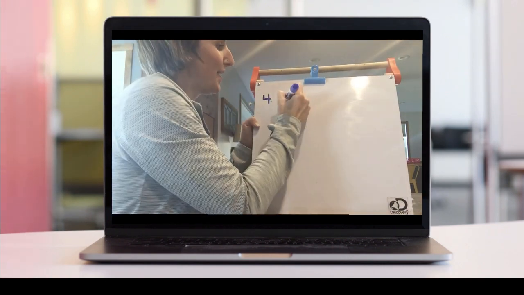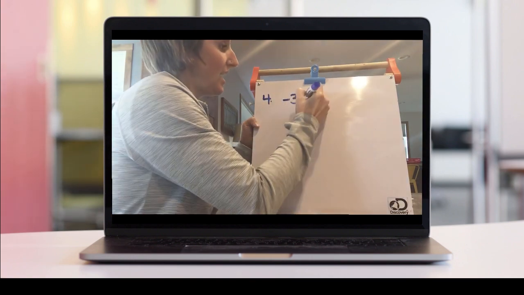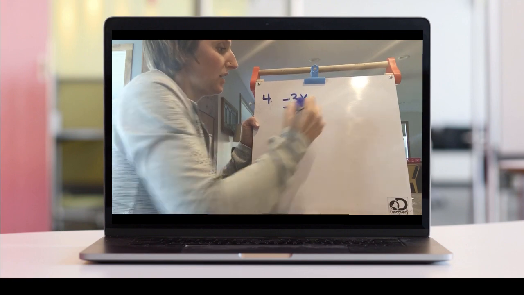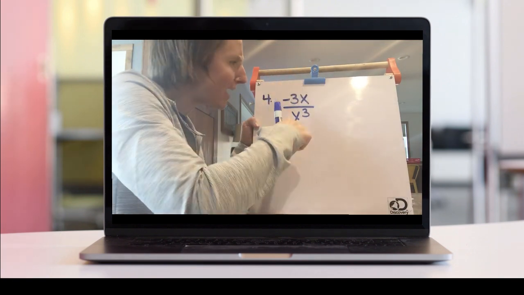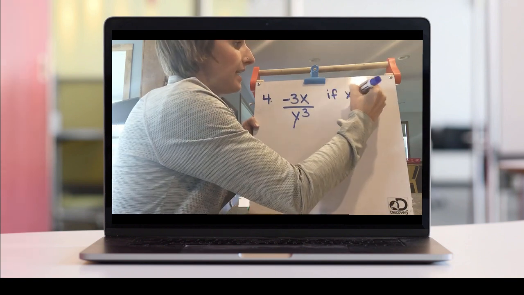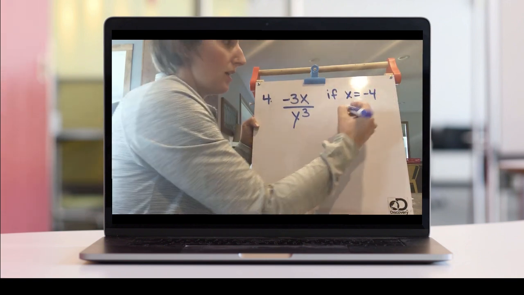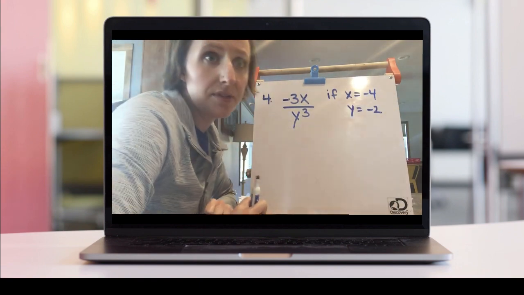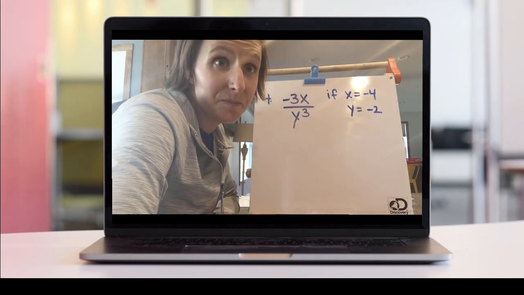All right, example 4. Negative 3x over y cubed. And we need to evaluate if we are told x equals negative 4 and y equals negative 2. Do you notice something about the values we're going to be plugging in?